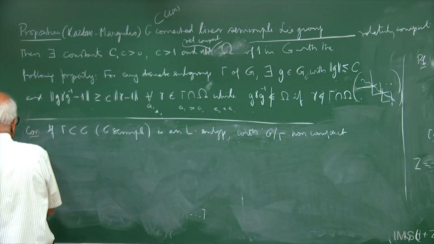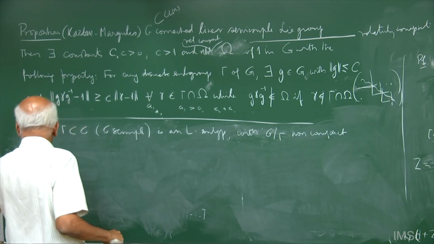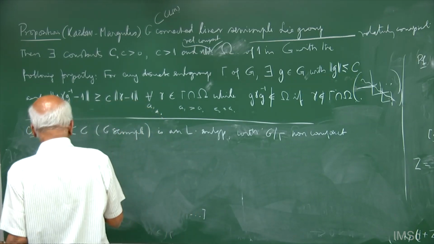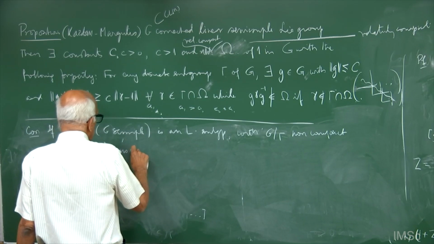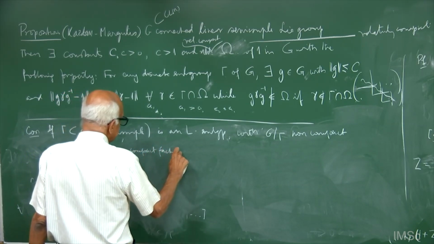I have to be a little careful. I didn't quite state this. G semi-simple has no compact factors. I'll tell you why this is needed.